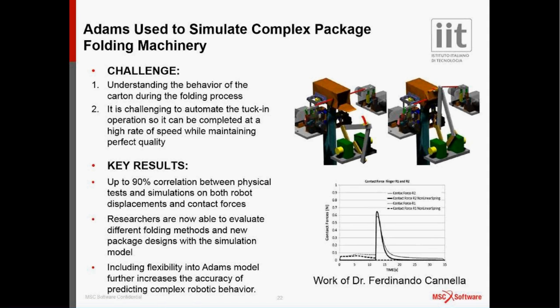So they were actually able to really test how this mechanism would work and evaluate how different folding methods work, and compared the pros and cons of different operating scenarios for their different mechanisms of the folding packaging machinery before they built their first prototype.